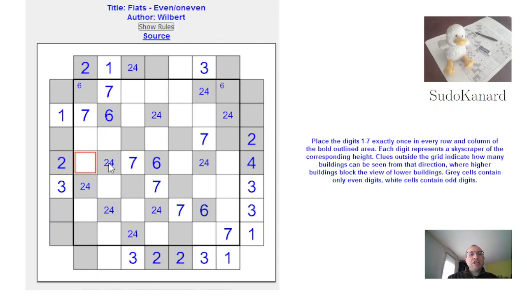So it means that this digit is bigger than this one. And I think we should address that. So this can't be a 1, this is 3 or 5. Similarly here, this has to be bigger than that. This is 3 or 5. This 3 means that this is bigger than that, so this is 3 or 5.